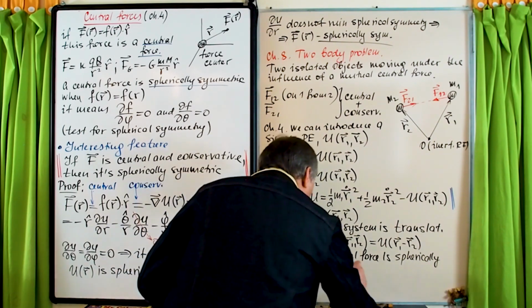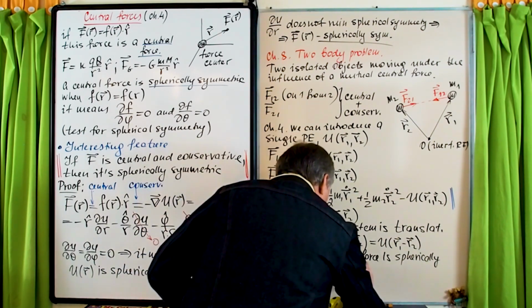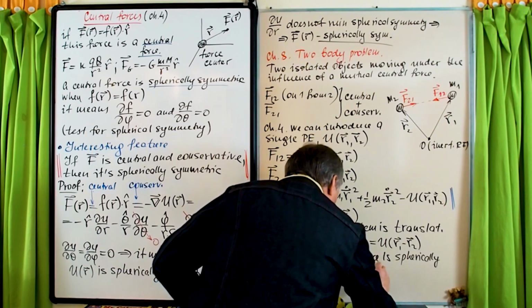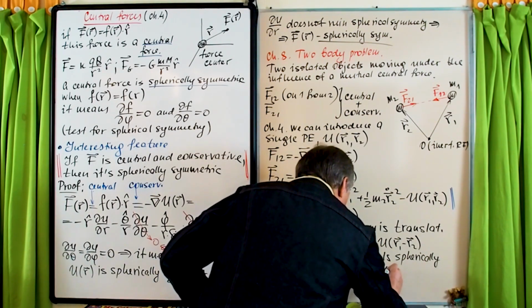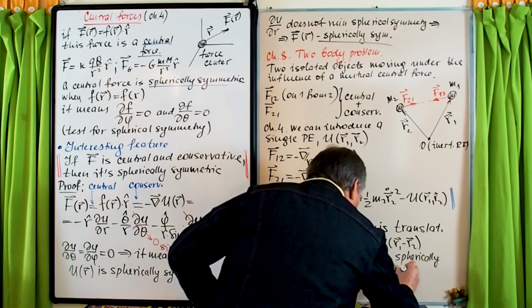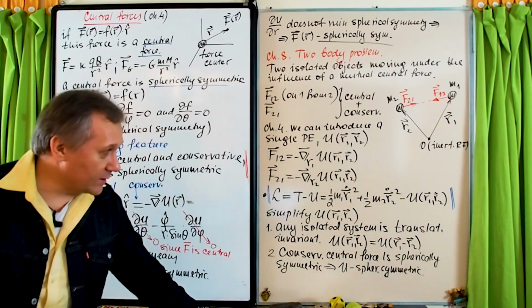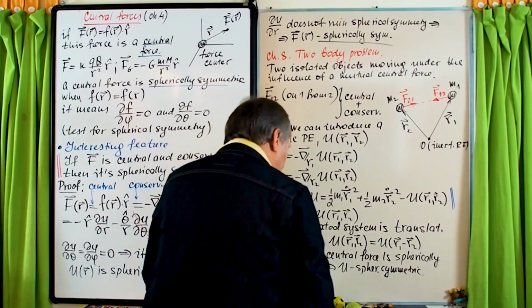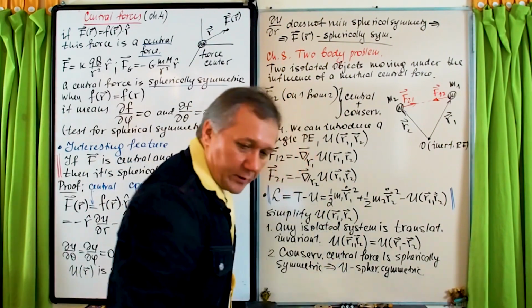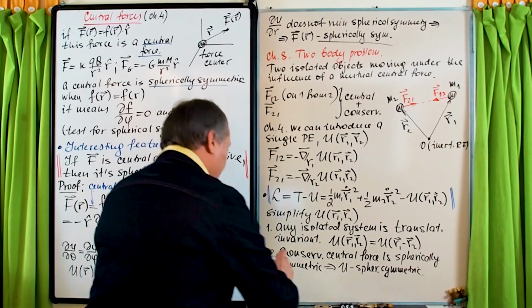And of course, U is also spherically symmetric, so instead of U as a function of a vector, we can write U as a function of an absolute value.